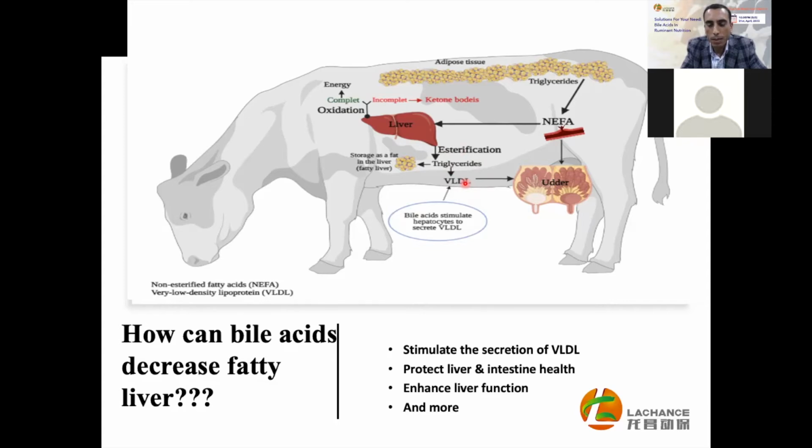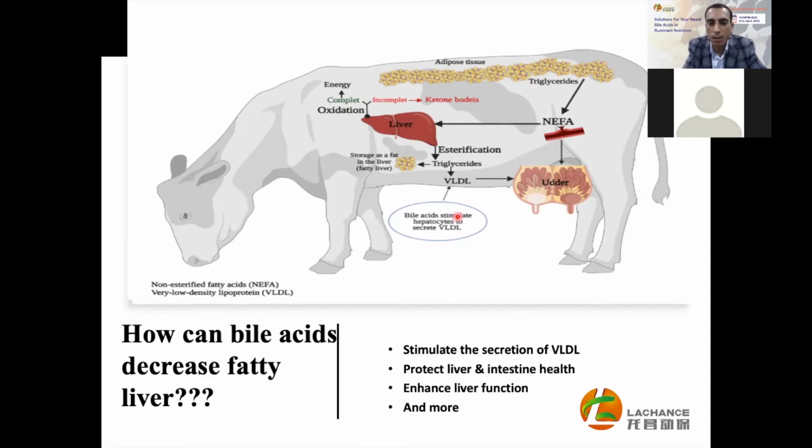One of these products is bile acid. When there is a sufficient amount of bile acid, it stimulates hepatocyte cells to convert the triglyceride to very low density lipoprotein. So it can solve the first problem and minimize the incidence rate of fatty liver.